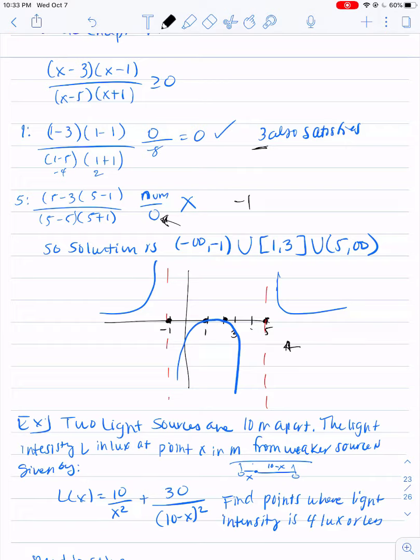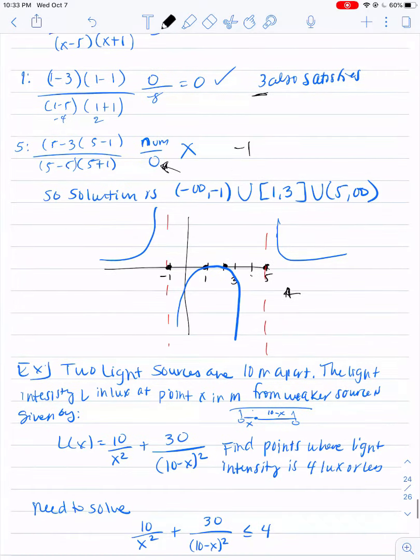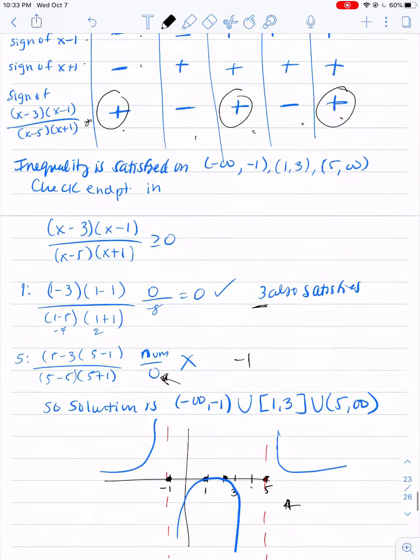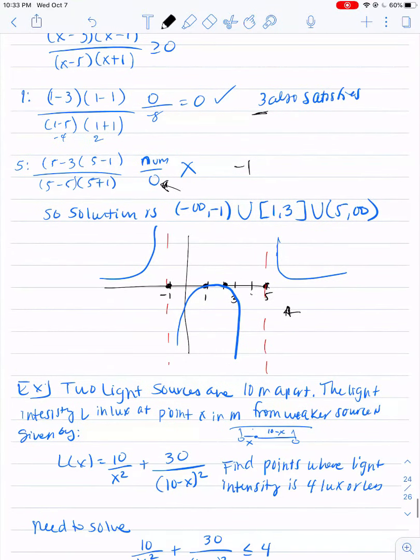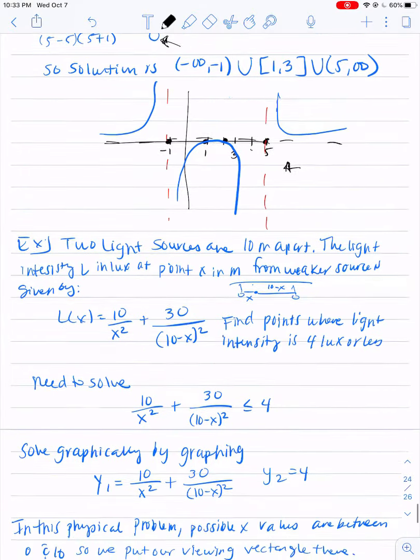And here I just graph basically my vertical asymptotes and also my zeros, and that's how I get my graph. We could also do it by finding the horizontal asymptote, which we would see is here.